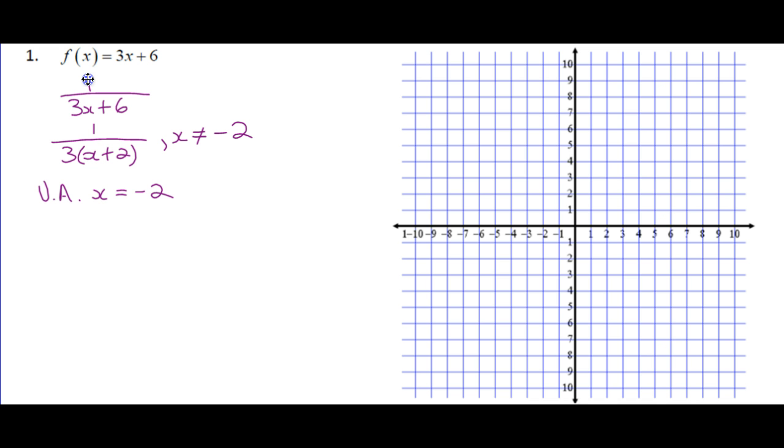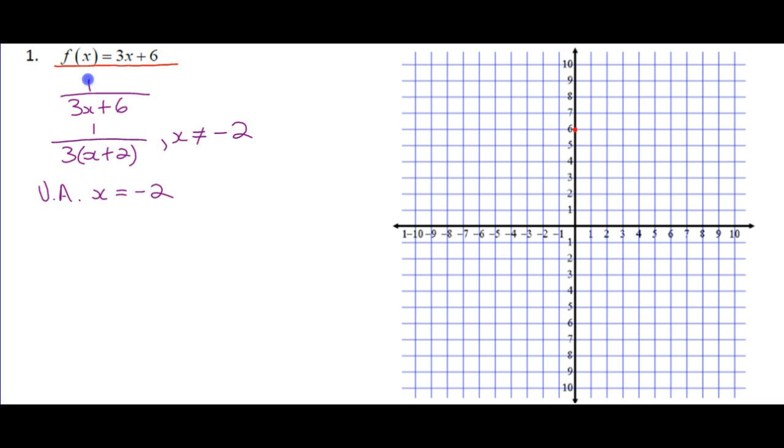Now, we can also just go graph this thing. We know it's a straight line. What characteristics does it have? The original function has a y-intercept of 6, and it's got a slope of 3, right?